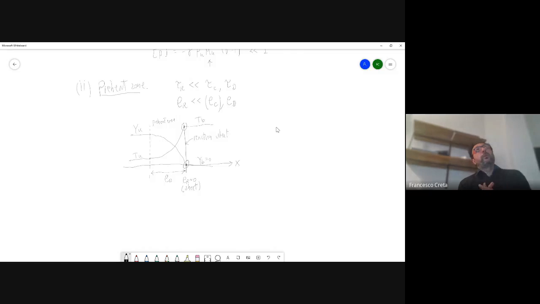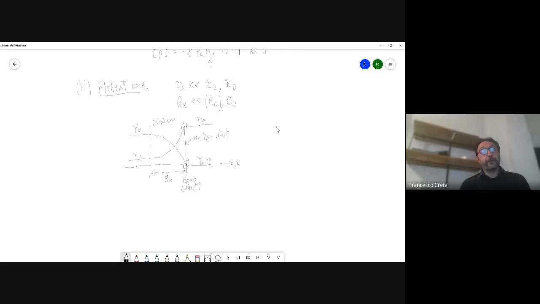So this level of detail means essentially this, that for the reaction sheet, we cannot see anything that happens within it. It's too thin. So it's 0 thickness. But it does fix all of the downstream conditions. So in fact, it will be the cause or the source of gradients.